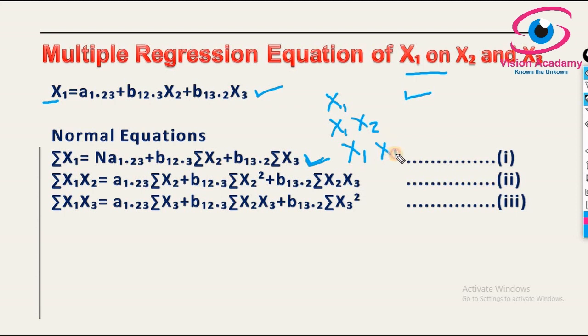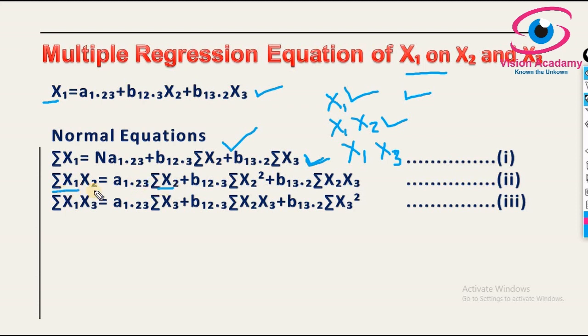These are the three combinations I can have with x1 on x2 x3. The first equation is based on x1, so the second equation must be based on x1 and x2. So here I have to take summation x1 x2, equal to a1.23 summation x2.